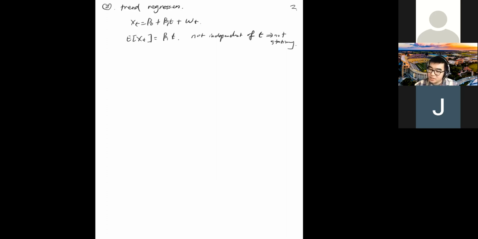To make it stationary, because there is a linear trend here, the idea to address a linear trend is that we take the first difference.